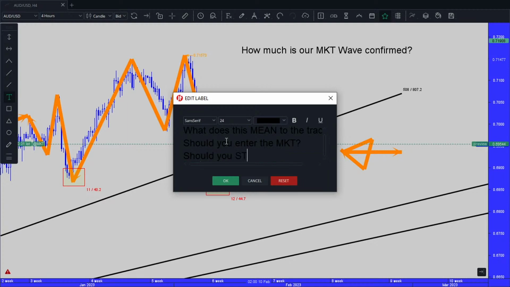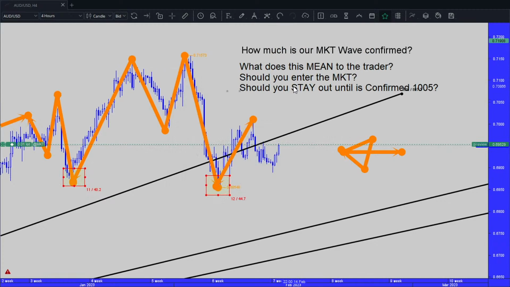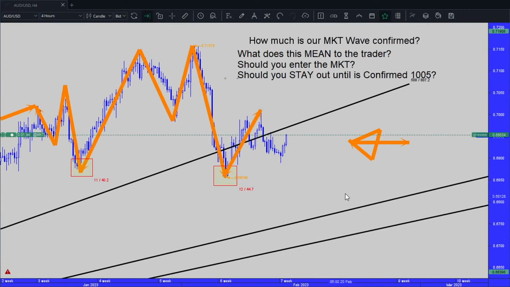Should you stay out until it is confirmed 100%? Boss, can I enter the market? You can do anything you want. We have a 75% confirmation on the down market wave on the AUD/USD 4-hour chart. Should you enter the market or should you stay out until it's confirmed?